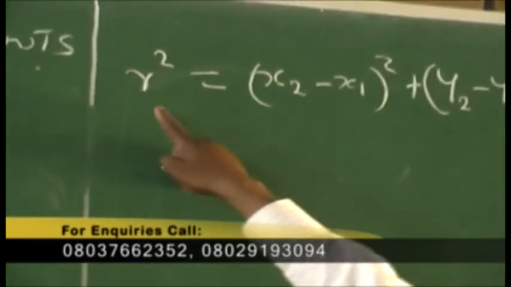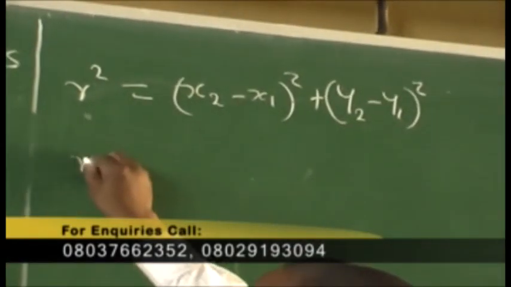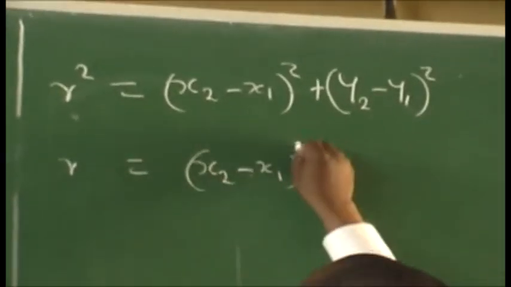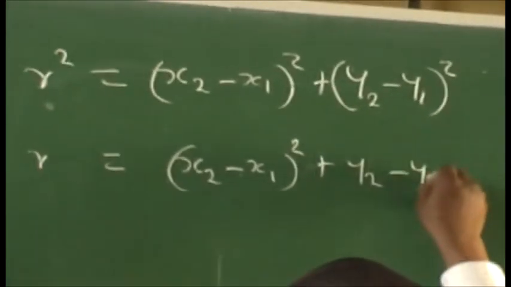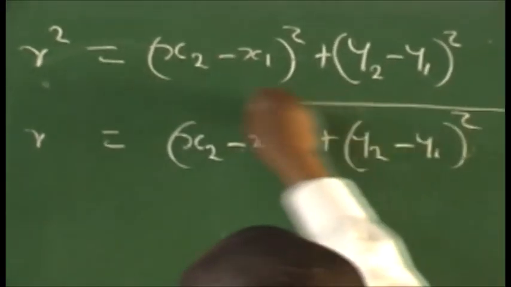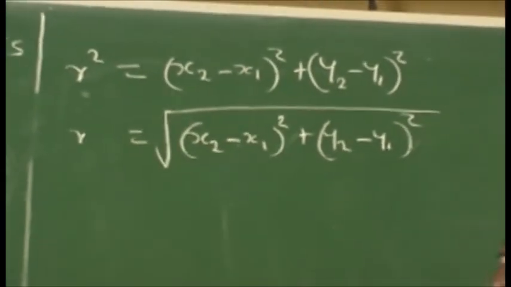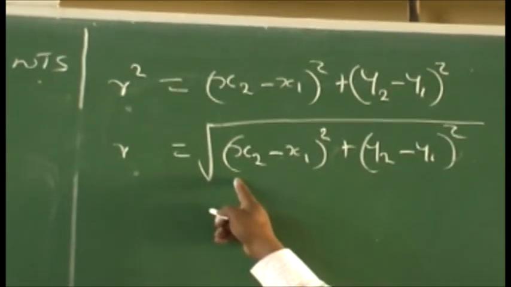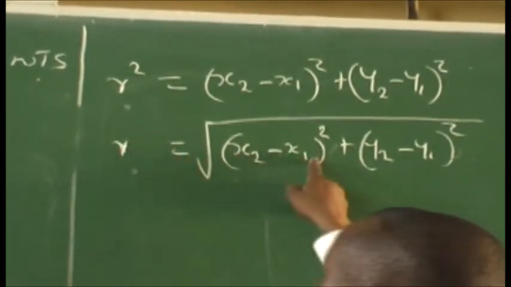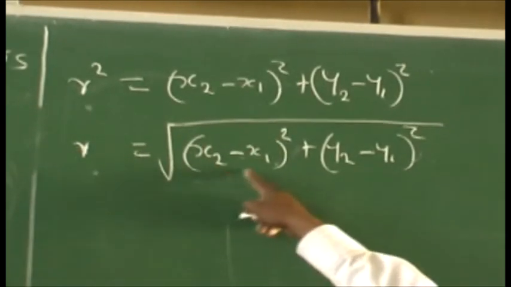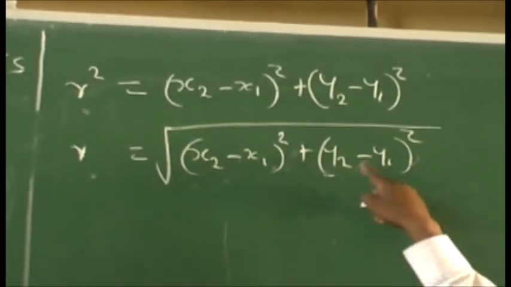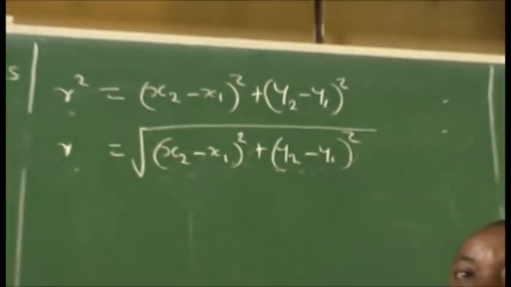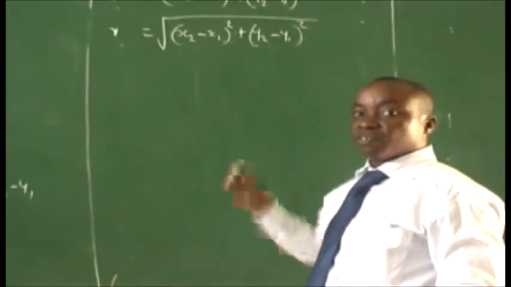Now, for me to get r, because I need r, then r will be equal to x2 minus x1 squared plus y2 minus y1 squared inside the square root. So the distance between 2 points is given by this square root of x2 minus x1 squared plus y2 minus y1 squared. So you can get the distance between any 2 points on the plane using this formula.